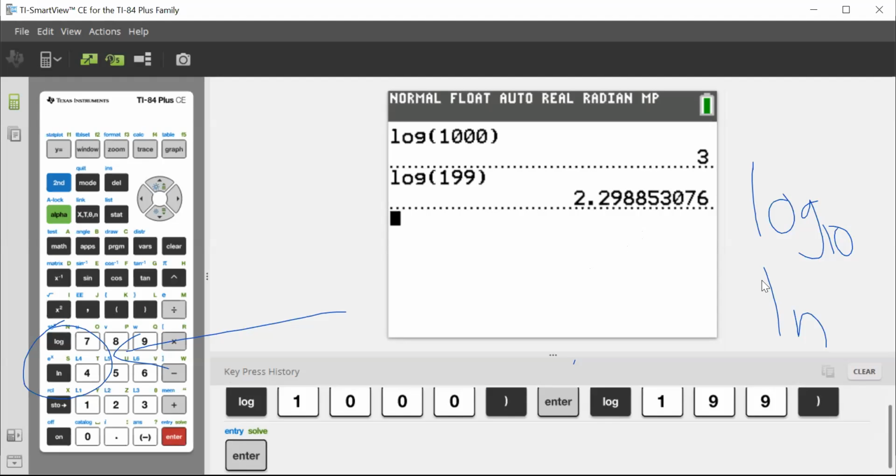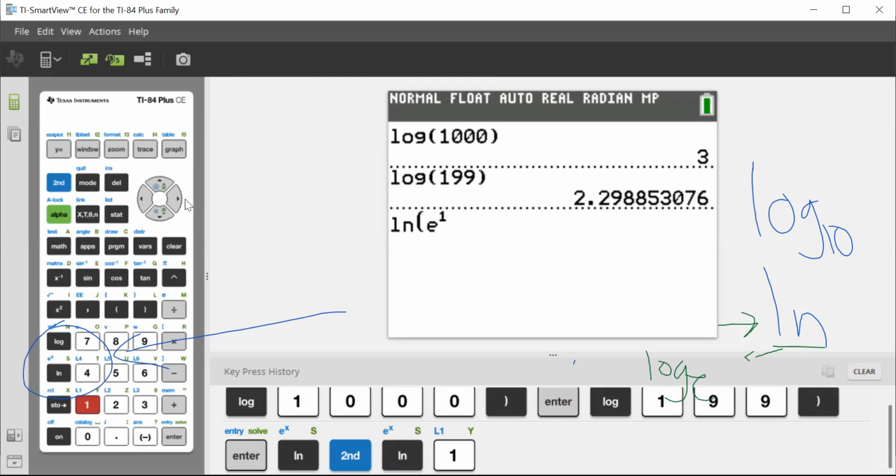Now, natural, or ln, this one is read as natural log. And what that's really equivalent to is a log where the base is the number e. So remember, e is Euler's number, the number that's about 2.718. And we can see that by, if we plug in the calculator, ln of e.